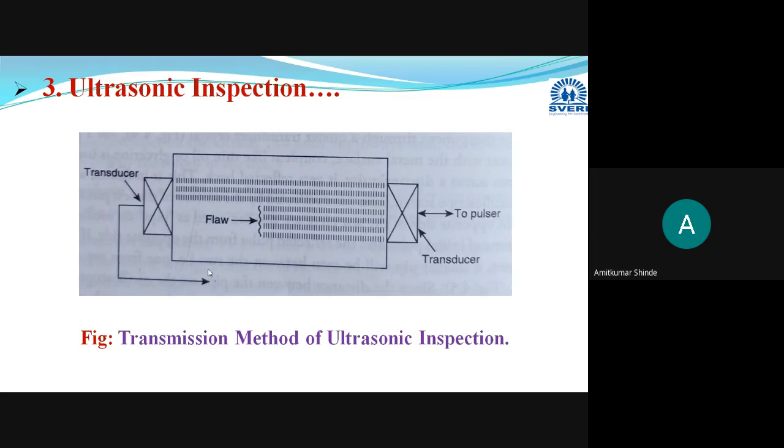Specifically, ultrasonic inspections are used for testing different types of structures, like metal bridges or pipelines. Those bridges or pipelines can be tested with the help of ultrasonic inspection for defects like cracks, porosity, or inclusions. So these are the applications of this process.